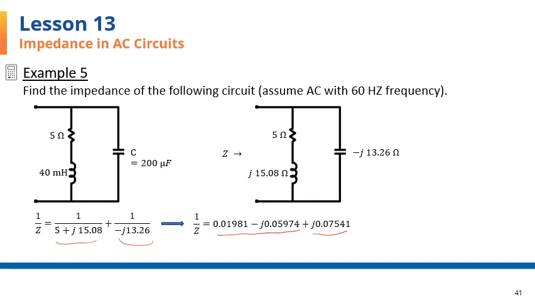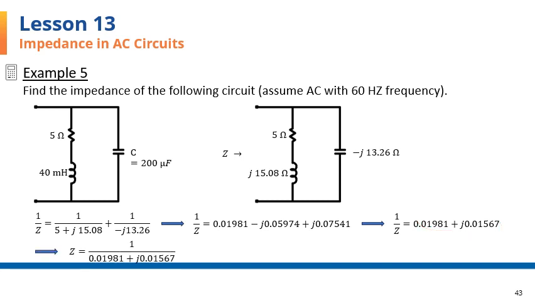Simplifying these two together, because they're both purely imaginary and add up, we get 1 over Z equals 0.01981 plus J 0.01567. Now to find Z, we will have to invert the right-hand side, so 1 over this quantity.